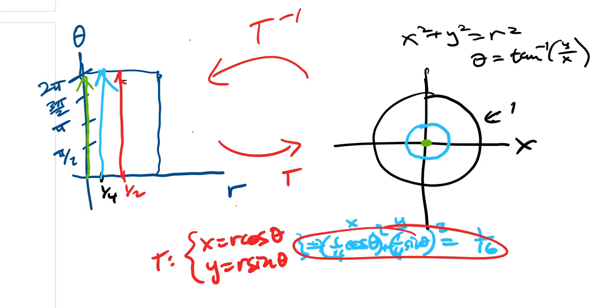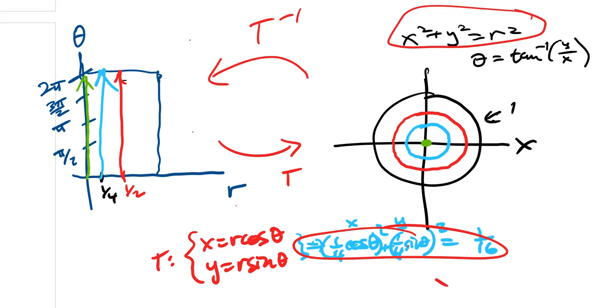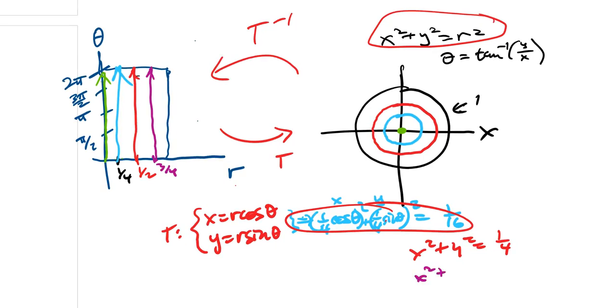Now when you're at 1/2, doing all this business here with 1/2 instead, x squared plus y squared equals 1/2 squared, which would be 1/4. So that would be a circle of radius 1/2. And now if you look at 3/4, x squared plus y squared equals 9/16, which is a circle of radius 3/4.